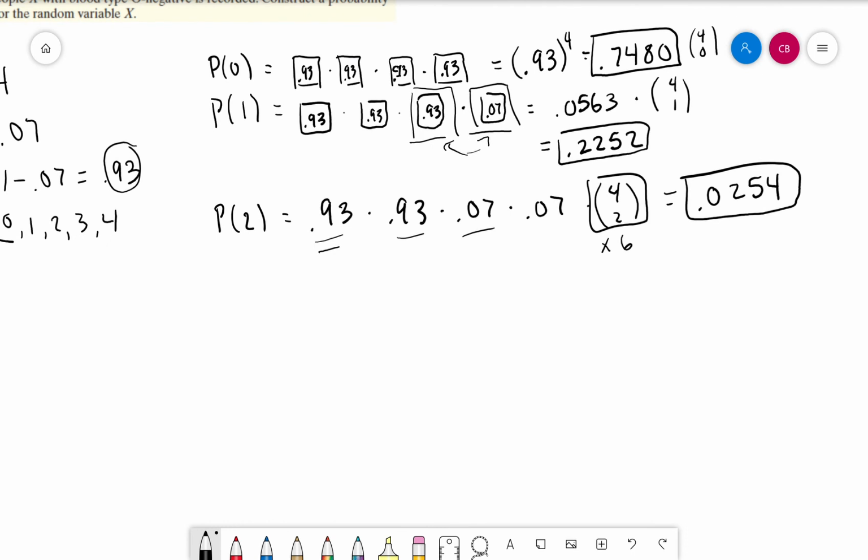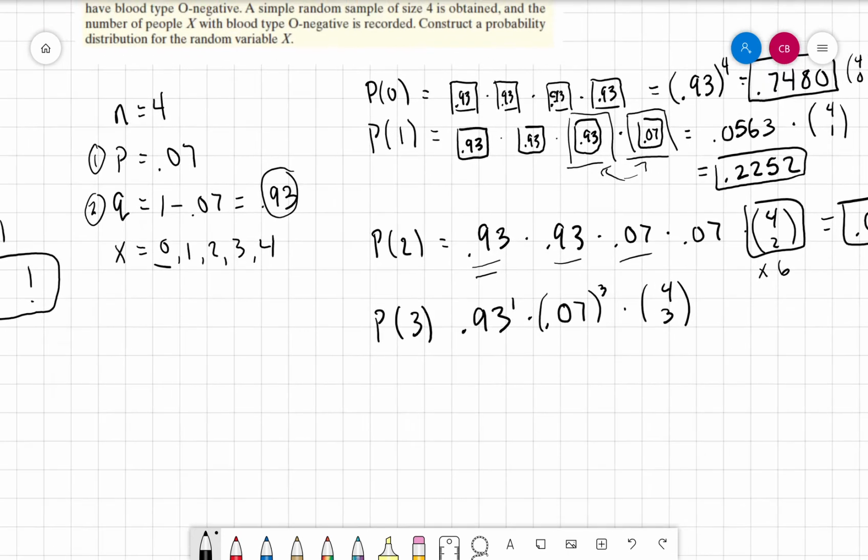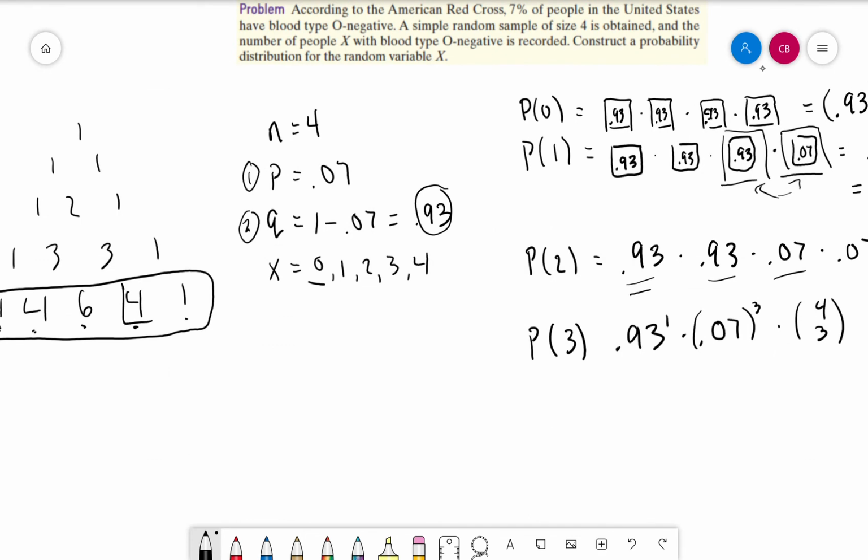And if we go to the next one, this is simply going to be 0.93 to the 1 times 0.07 to the third, times 4 choose 3, which, if we look at Pascal's triangle, is 4 again.